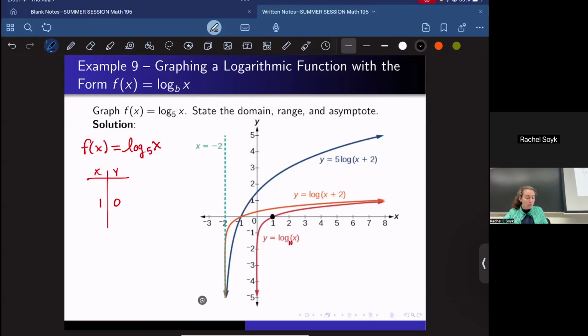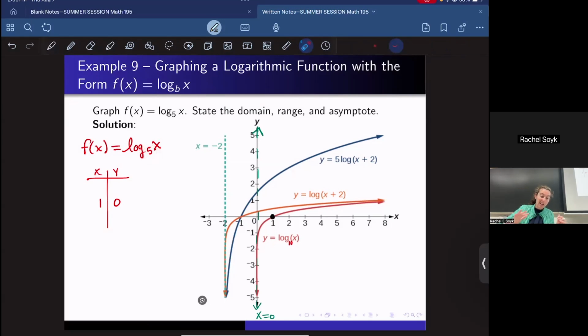And then there are no transformations that take place, so our vertical asymptote remains the same at x is equal to 0. Now, what's the relation between log base 10 of x and log base 5 of x? Well, the greater the number is in the base, the closer it's going to be to the axes.